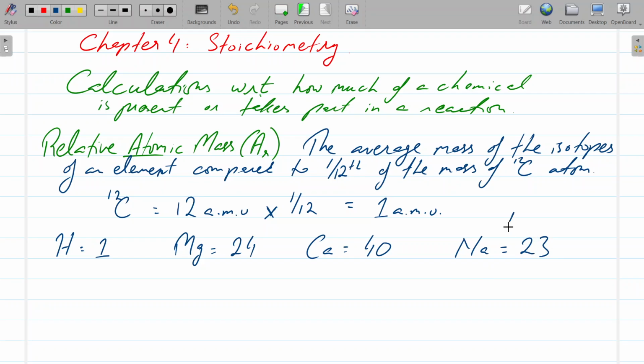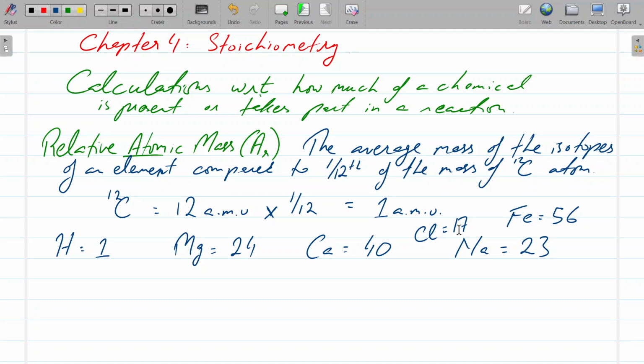Iron has 56, chlorine has 17. So whatever elements you remember, these are the masses of these different elements.